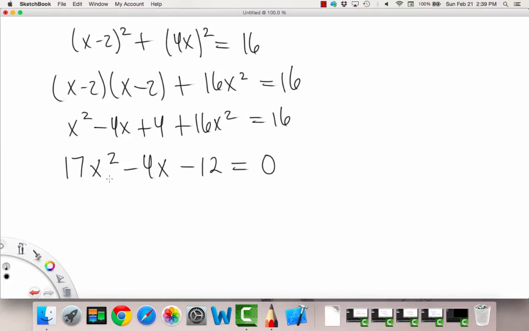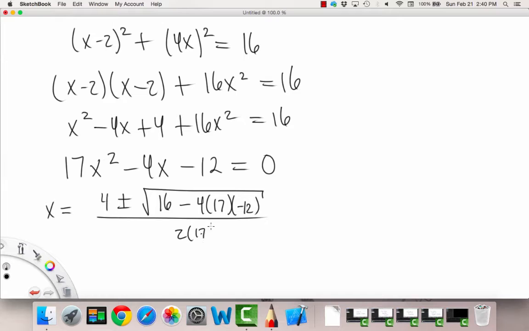Alrighty, so this doesn't look super factorable, so I'm just going to plug it into the quadratic formula and see what we get. So x is equal to negative negative 4 plus or minus the square root of that squared, so that would be a 16, and then minus 4 times a times c, all over 2 times whatever a is.